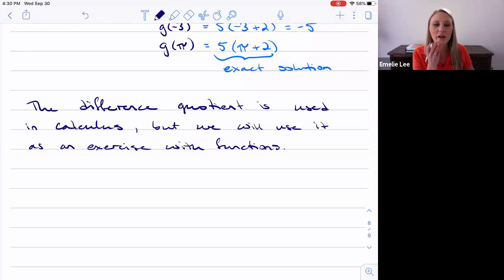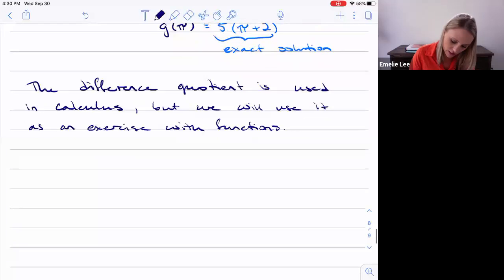And the reason I want to work on it is, well, one, you'll probably end up taking calculus at some point, even if you don't want to. I don't think you have to, but I don't know, it happens to the best of us. And then two, it's just kind of a tricky thing to master, the difference quotient.